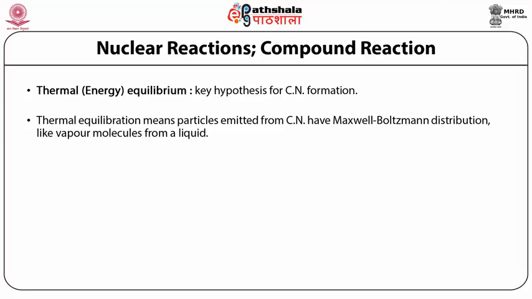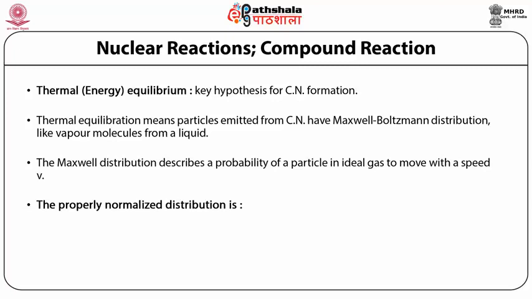If a system is under thermal equilibrium, the things coming out of that system will have the Maxwell-Boltzmann distribution. In the same way, since in the nuclear reaction the compound nucleus is formed where energy is redistributed among the nucleons, the particles emitted will have a Maxwell-Boltzmann distribution.